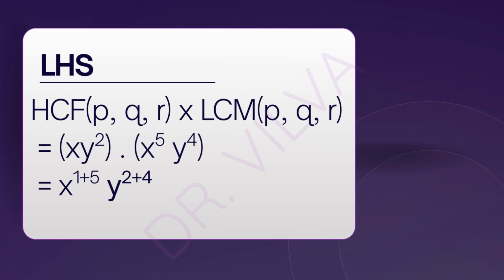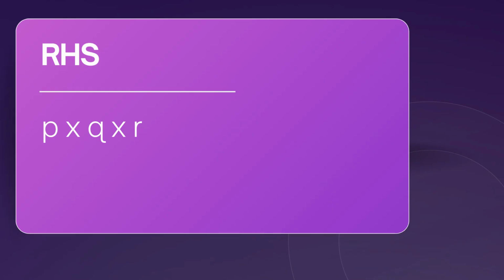Therefore, 1 plus 5 is 6, and 2 plus 4, which is 6 again for y. That gives us HCF times LCM as x power 6 times y power 6.